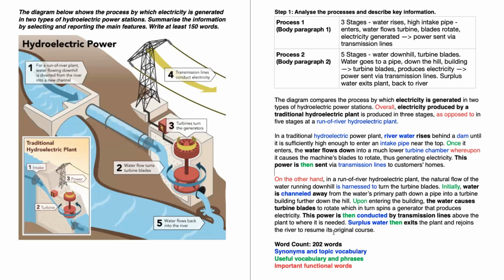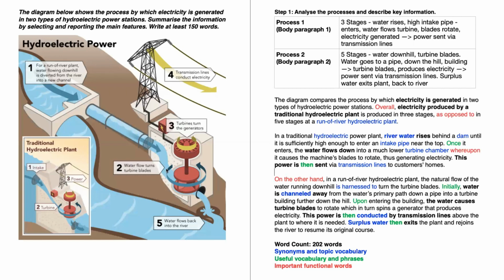Let's take a look at our body paragraph 2. On the other hand, in a run-of-river hydroelectric plant, the natural flow of the water running downhill is harnessed to turn the turbine blades. Initially, water is channeled away from the water's primary path down a pipe into a turbine building further down the hill that we see right here.